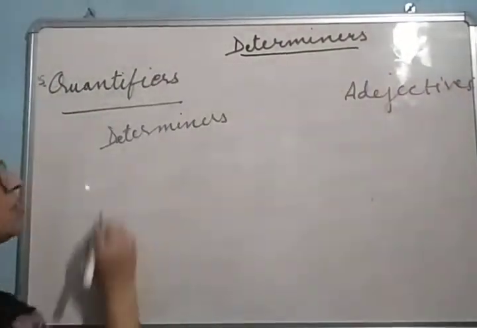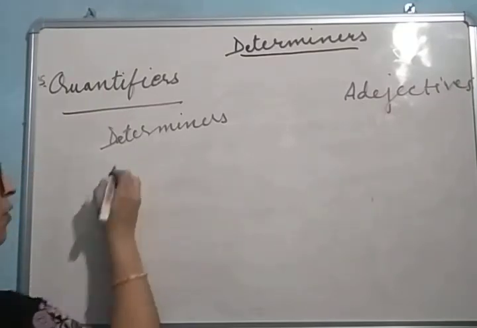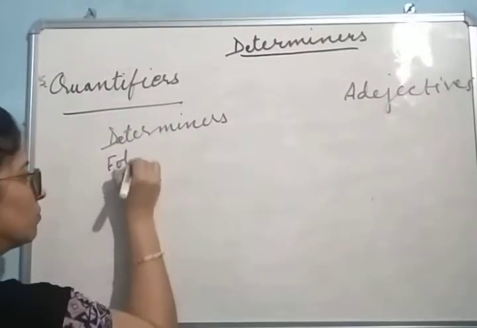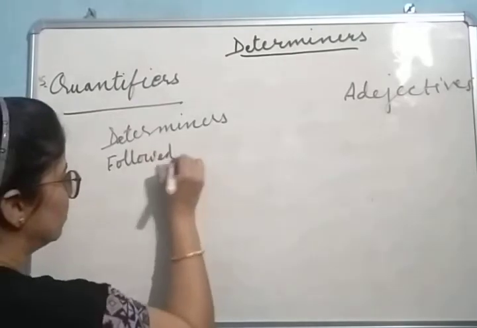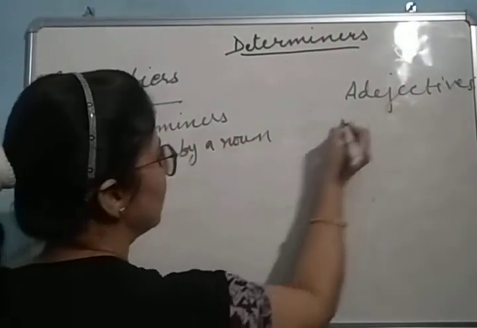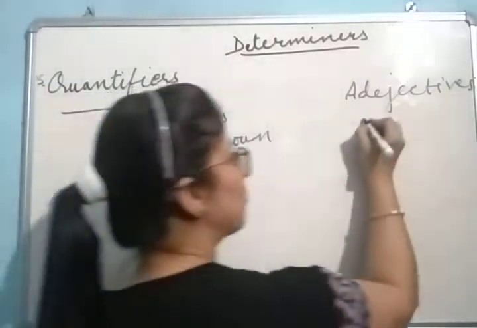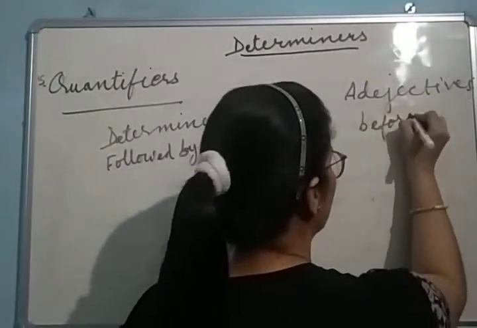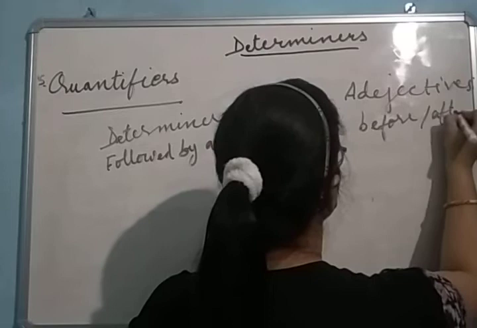First major difference is that determiners are always followed by a noun, whereas adjectives may come before or after a noun.